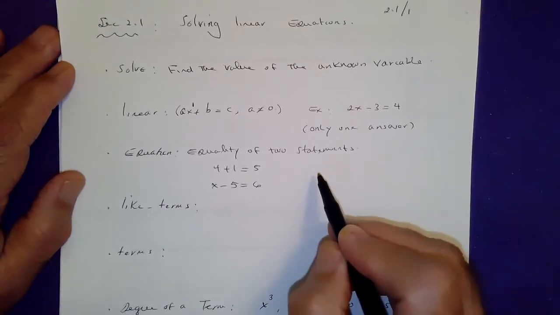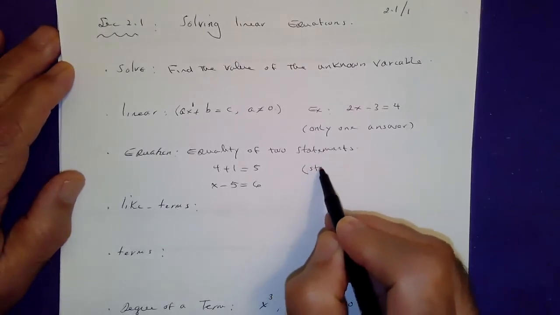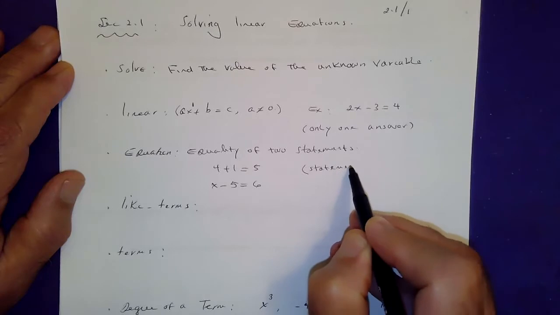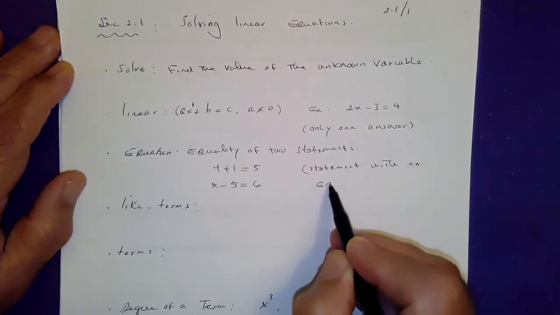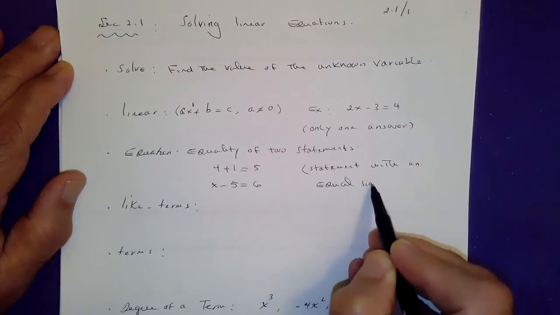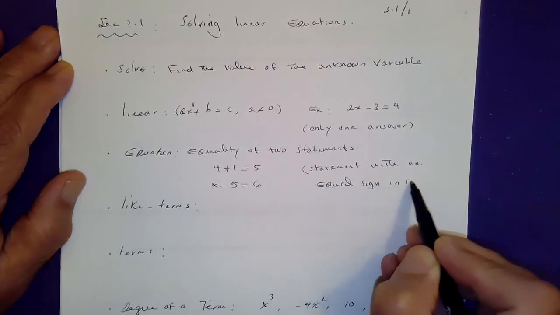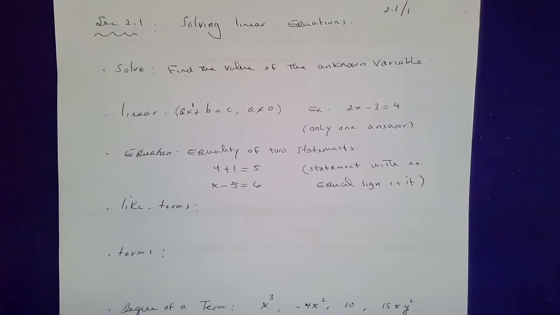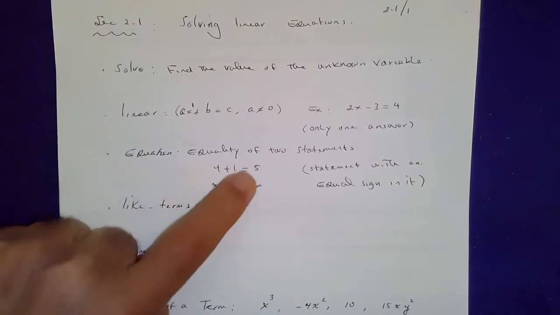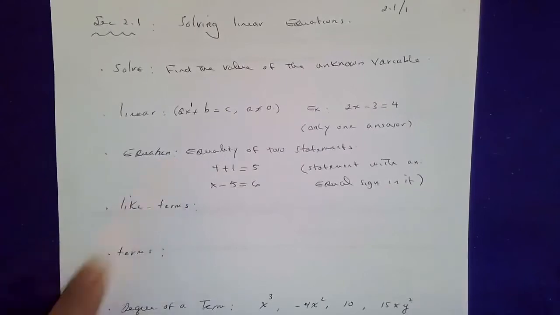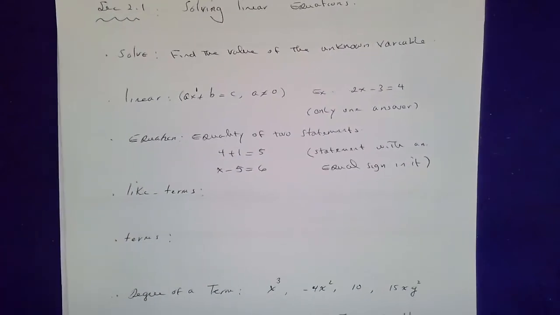I should also mention that it's a statement with an equal sign in it. Anytime you see an algebraic statement with the equal sign, you can bet your money that's an equation.